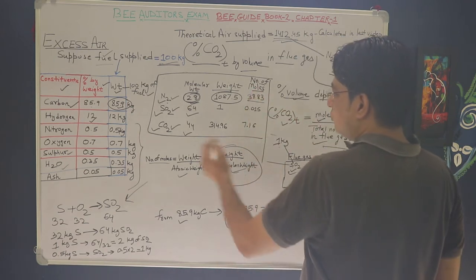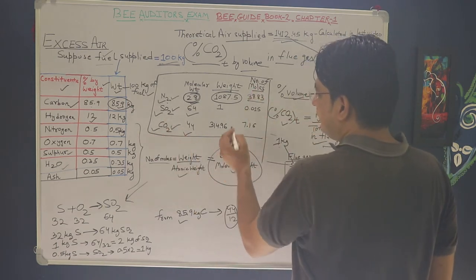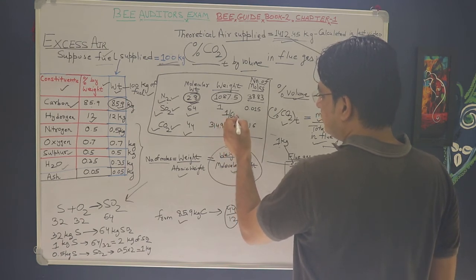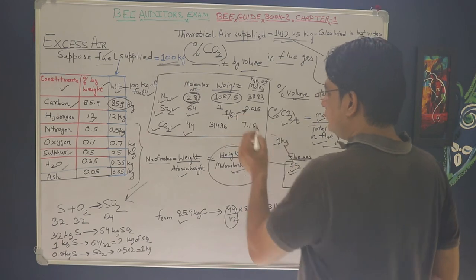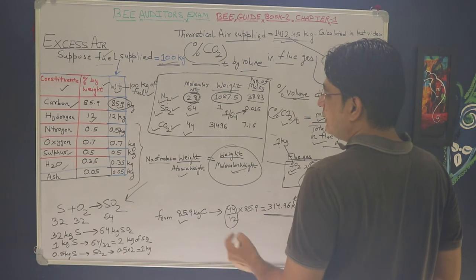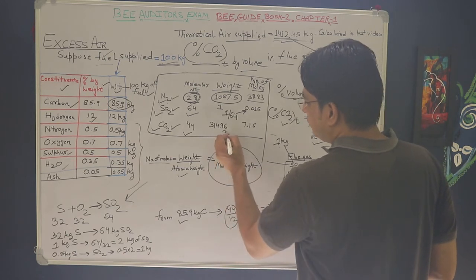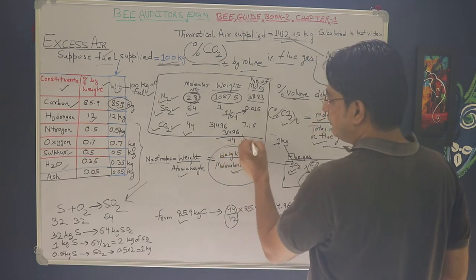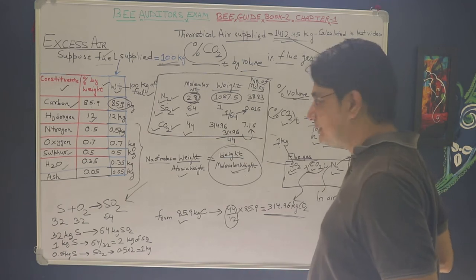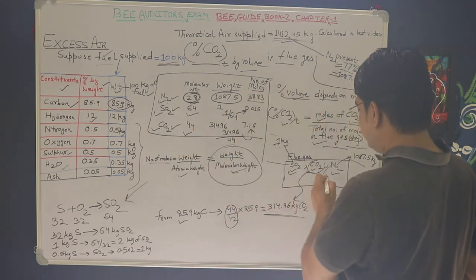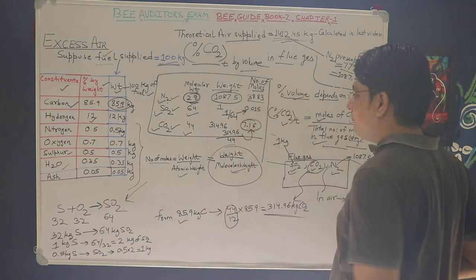Similarly, the number of moles of sulfur dioxide will be equal to 1, that is weight, divided by molecular weight, and it will come as 0.015. Similarly, the number of moles for CO2 can be calculated as weight of CO2, that is 314.96, divided by molecular weight, that is 44, and it will come as 7.16. That is, the number of moles of CO2 present in the flue gas is 7.16.